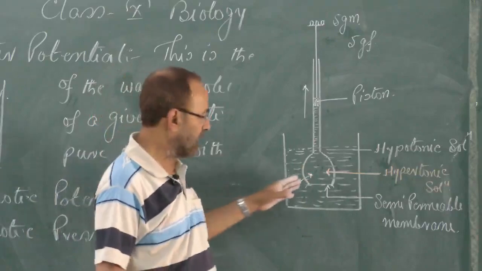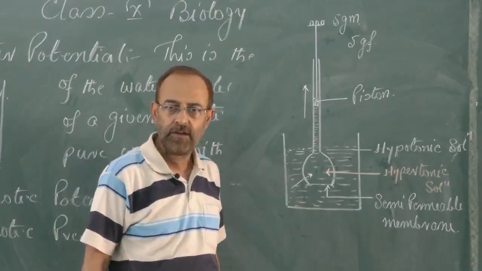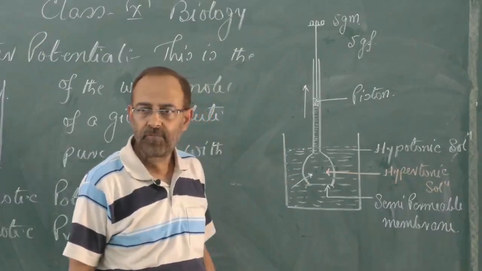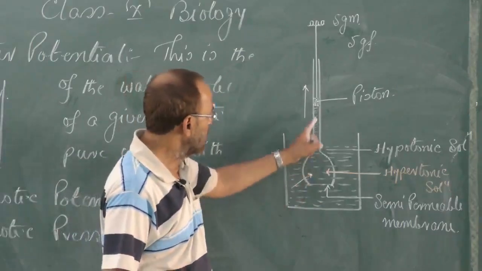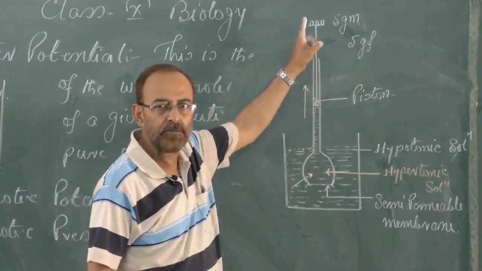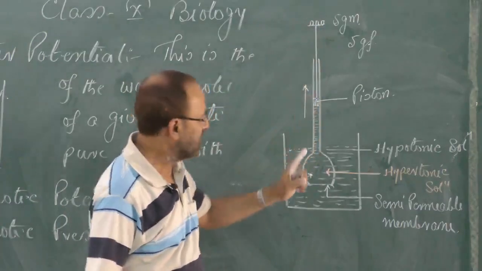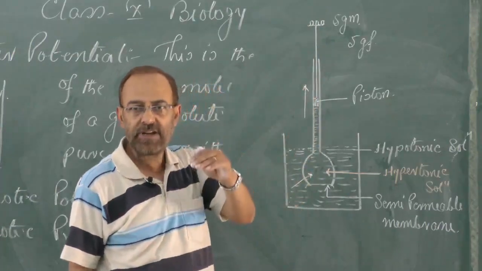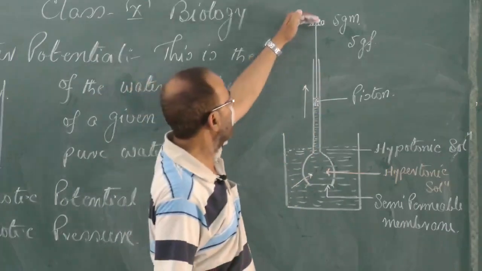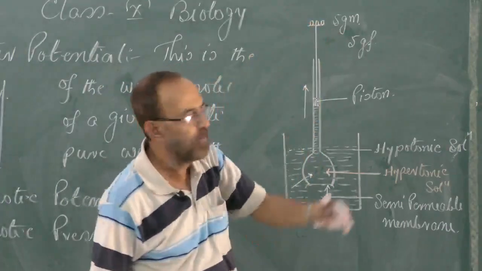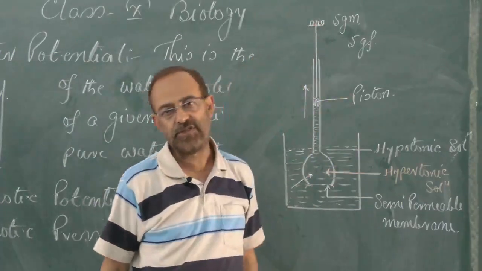So, that means osmotic pressure was working for the movement of water from the outer medium to the inner medium, and due to this osmotic pressure, the piston is pushed in the upward direction, and then this upward pushing of the piston is prevented by putting a sufficient amount of force in the form of the small weight placed on the platform of the piston.